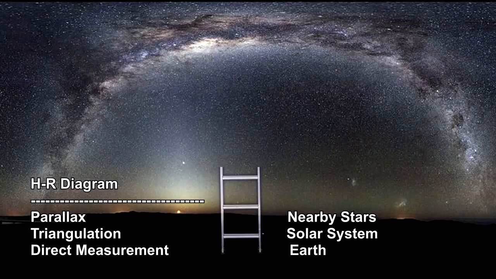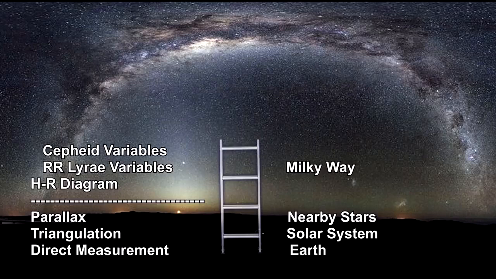One is the Hertzsprung-Russell diagram for estimating a star's luminosity and therefore its distance. The other is variable stars that work as standard candles, stars that tell us their intrinsic luminosity by the period of their variable luminosity cycles. In particular, we covered Cepheid and RR Lyrae variables. These rungs in our distance ladder have taken us across the entire Milky Way.